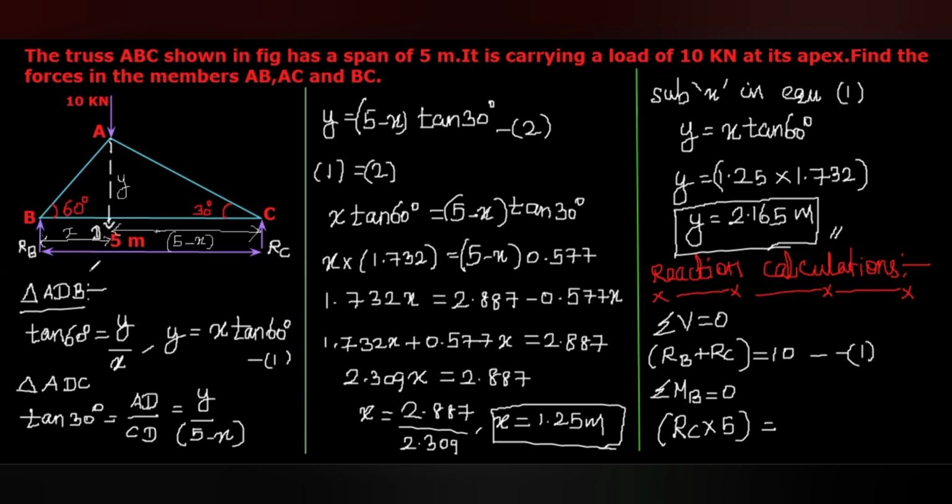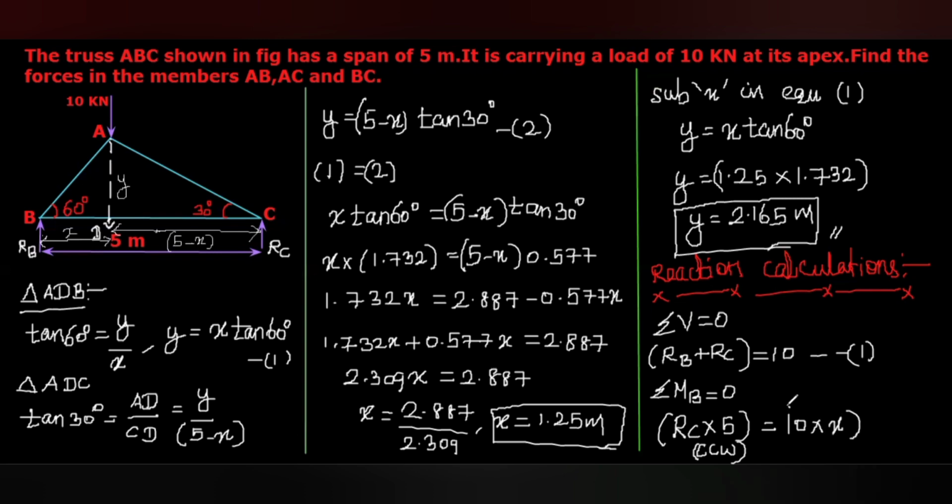It's downward, so that will be clockwise. That means this counterclockwise moment can be counterbalanced by 10 kilonewton multiplied with X.